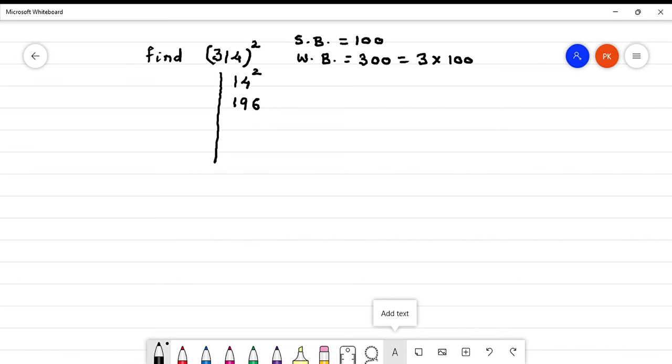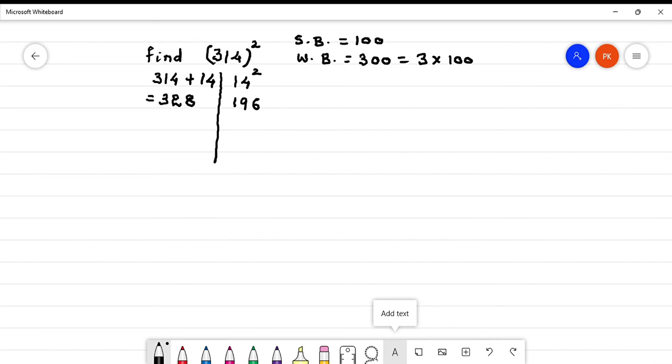On the left hand side, 314, and the excess number over the working base, that is 300. So 14 I will write here. See, 314 plus 14, that is 328.